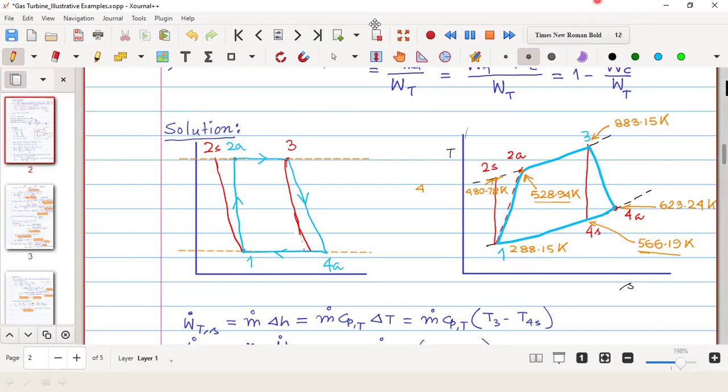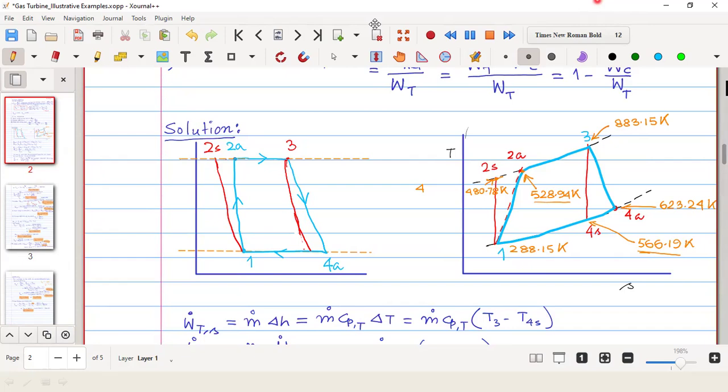In the frictional case, heat generation is there, but there is no way of heat rejection to the surroundings due to the adiabatic process.